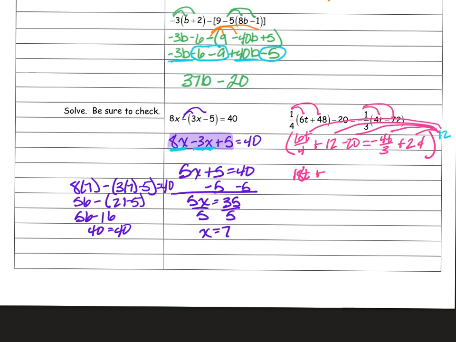Plus 12 times 12. Wow, I'm having a rough day. 12 times 12 is 144, and 12 times negative 20 is negative 240. And then 3 goes into 12 4 times, and 4 times 4 is negative 16t. And 12 times 24 is 288.